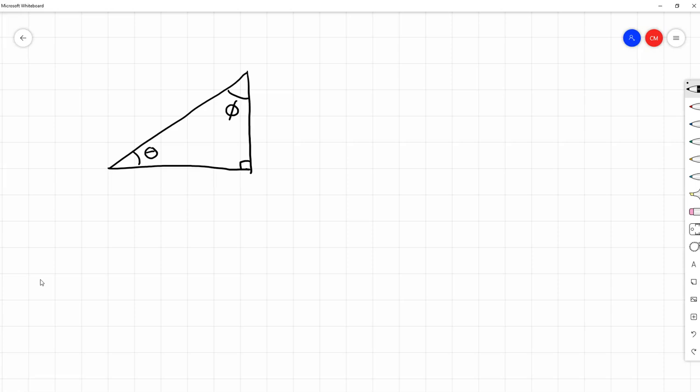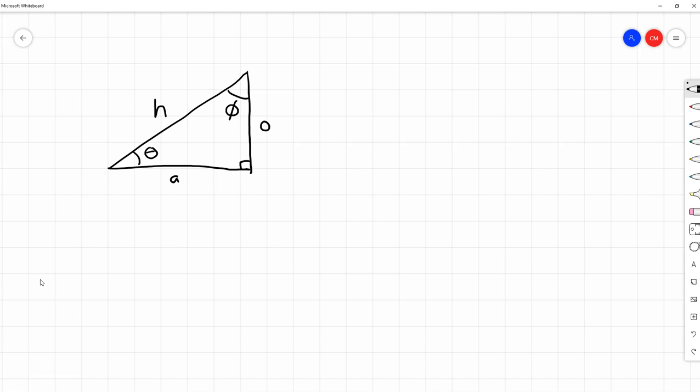Let's say the angle of interest is theta. Then this side is the hypotenuse, this side which makes up the angle theta is the adjacent side, and this side becomes the opposite side.